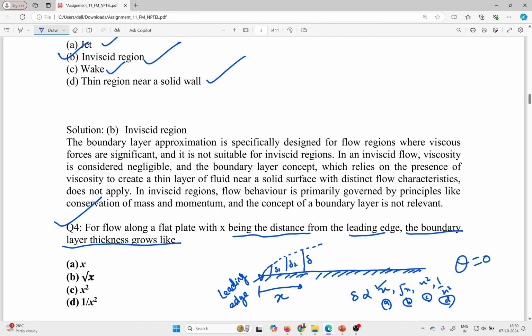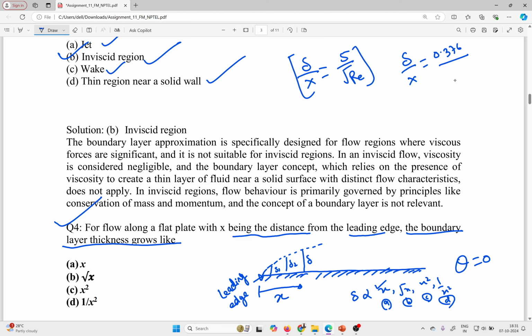Okay. Just a few minutes back, I told you the relation: if we are talking about laminar flow, delta by x is equal to 5 divided by root Re. For turbulent flow, delta by x is equal to 0.376.